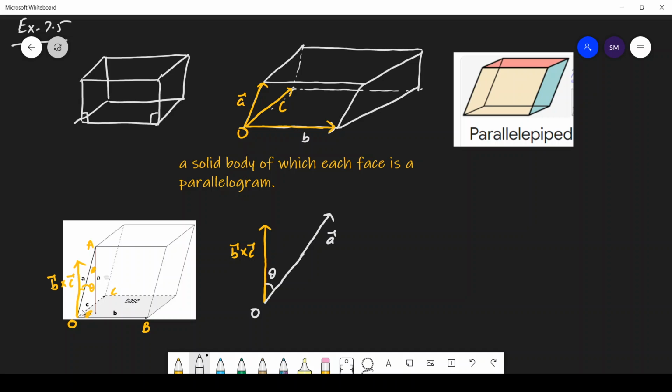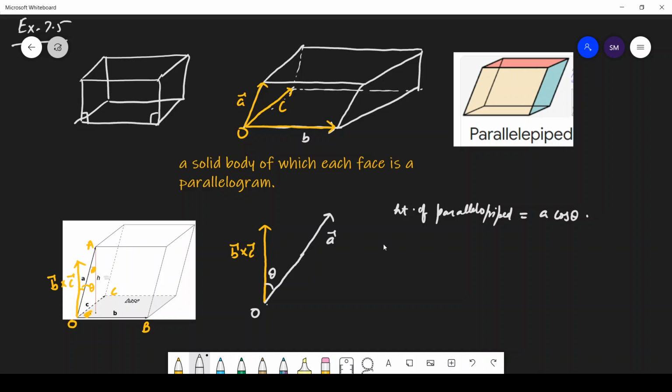So the height of the parallelepiped is equal to magnitude of A cos theta, so it's A cos theta.